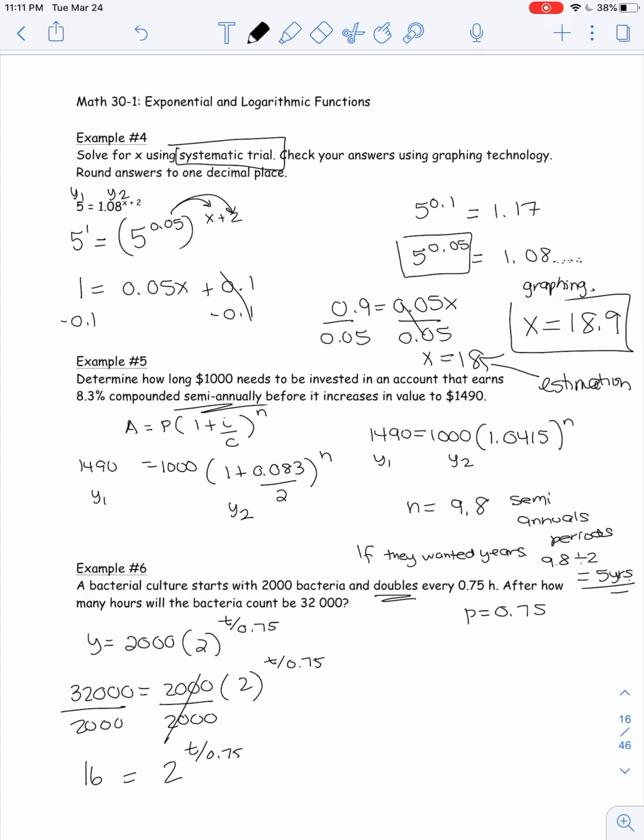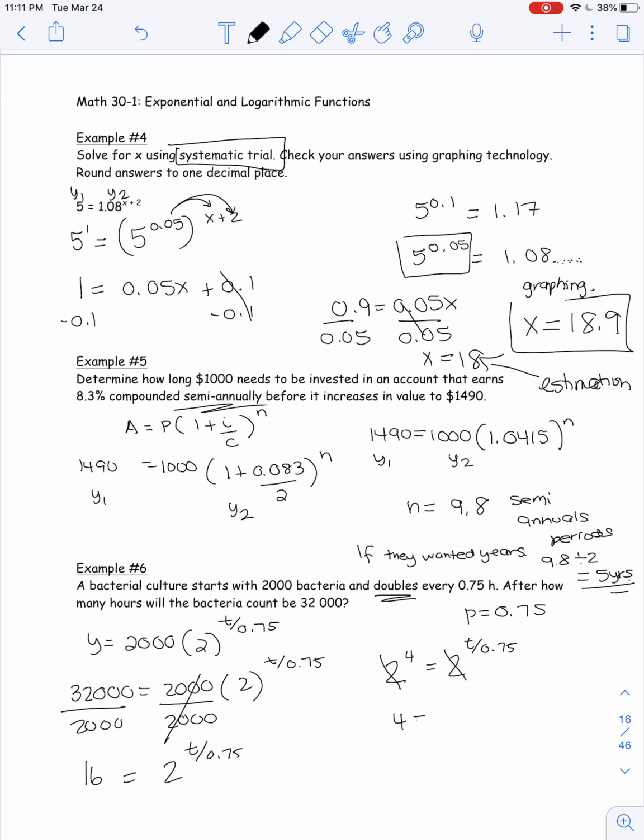And we have 2 to the power of t over 0.75. These are going to be nice numbers if we work with them right here. So if we have 16 and 2, we can write them both as bases of 2. We can write 2 to the power of 4 replaces 16. And 2 to the power of t over 0.75 is what we originally had.